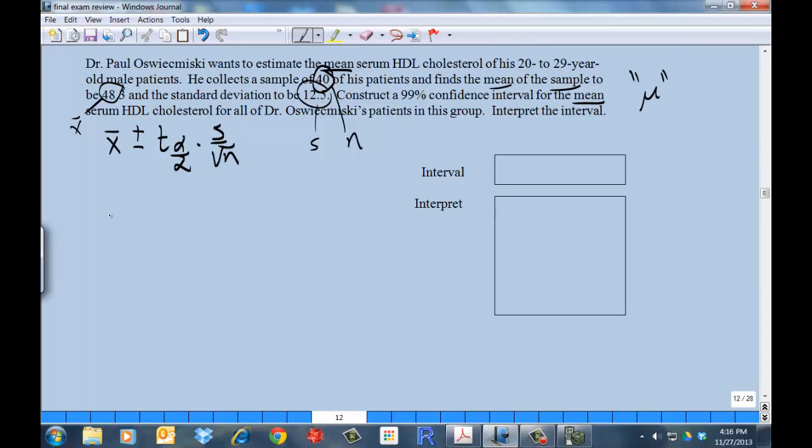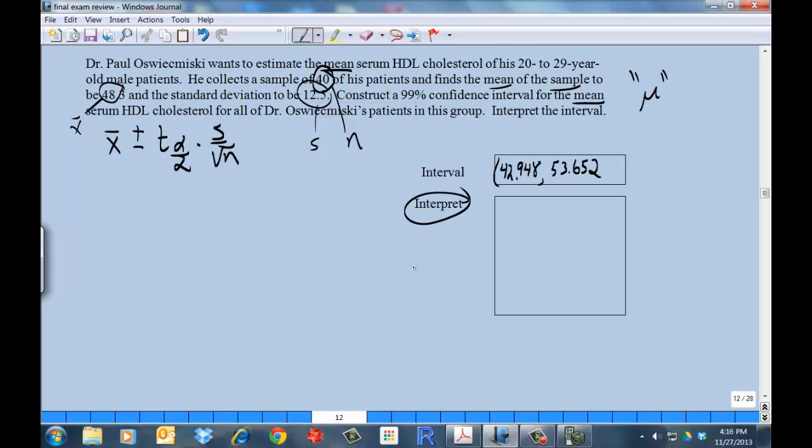So this interval here, 42.948 to 53.652.